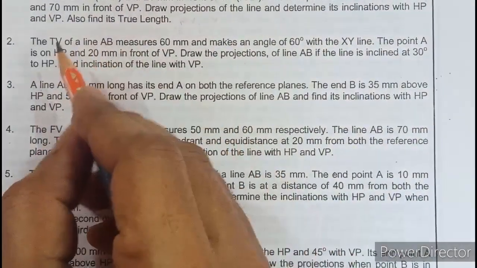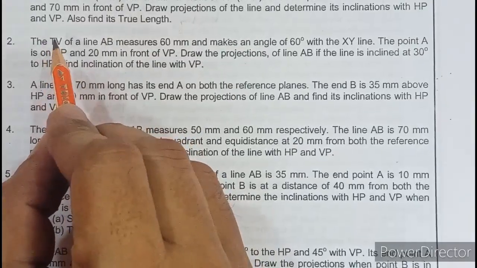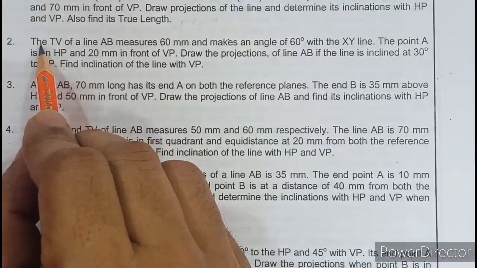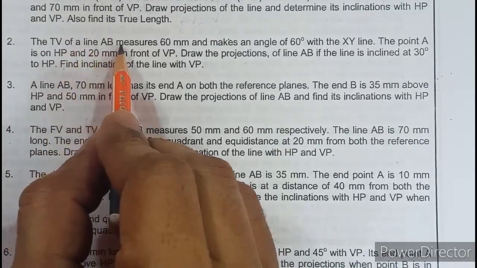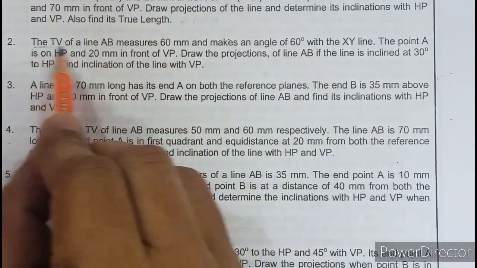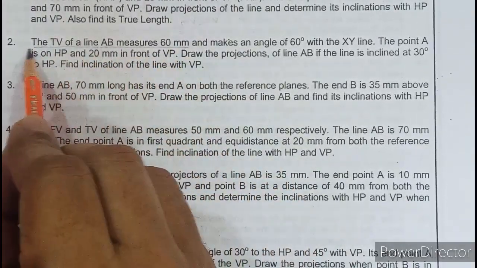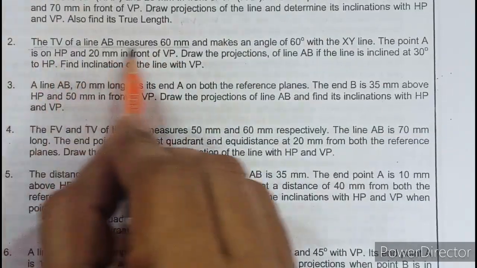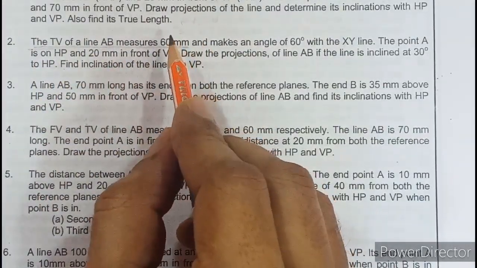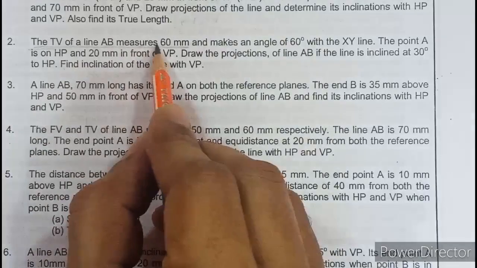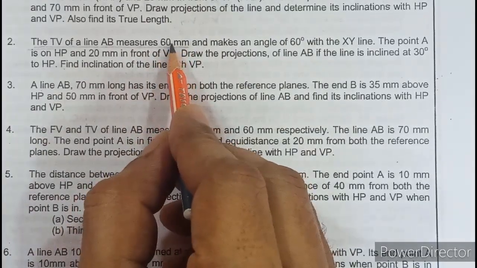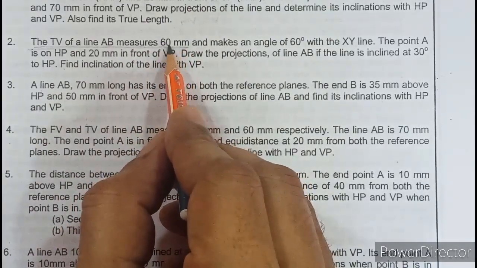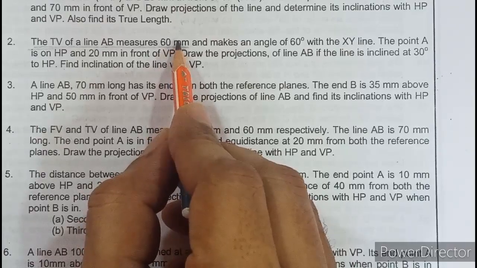So let us switch on to question number 2. Here the question is, the top view of a line AB measures 60 millimeter. You have to understand whether this 60 millimeter is the true length, or front view length, or top view length.